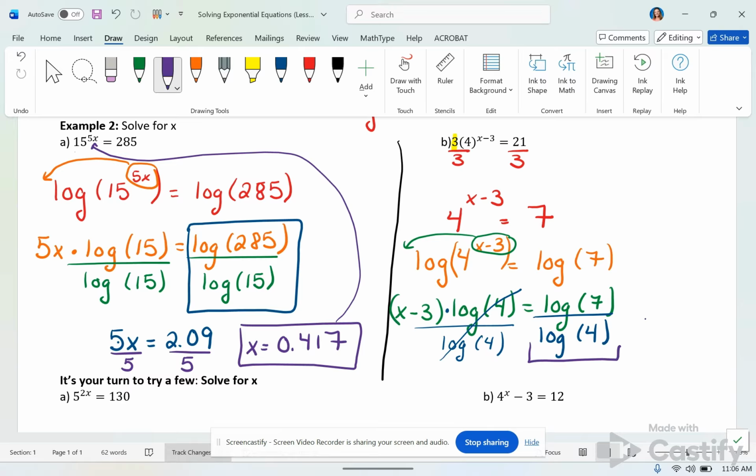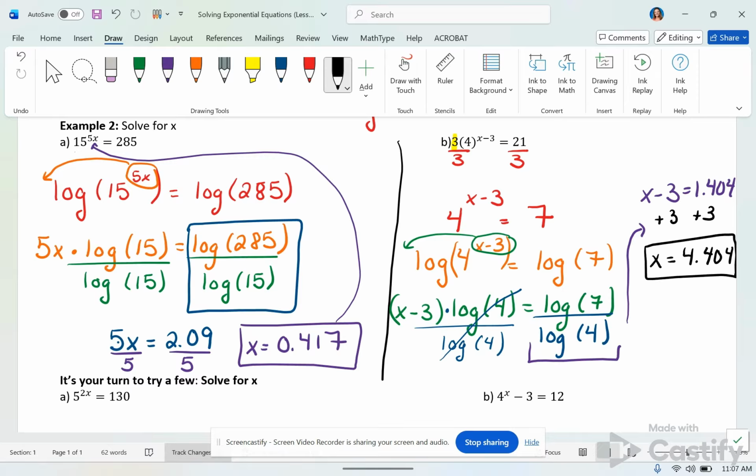And if you don't get the right answer, please, right away, raise your hand and I can come help you type it in and make sure we've got that part. But if you type in log of 7 and divide it by log of 4, you should have gotten 1.04 or 1.4 if you rounded it differently. That's fine. Then we're going to add 3 on both sides. And you have your answer. So x in this problem would be 4.404.